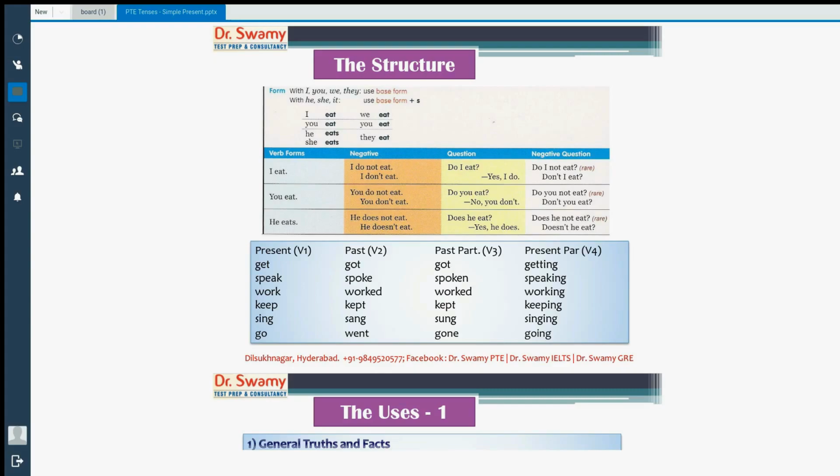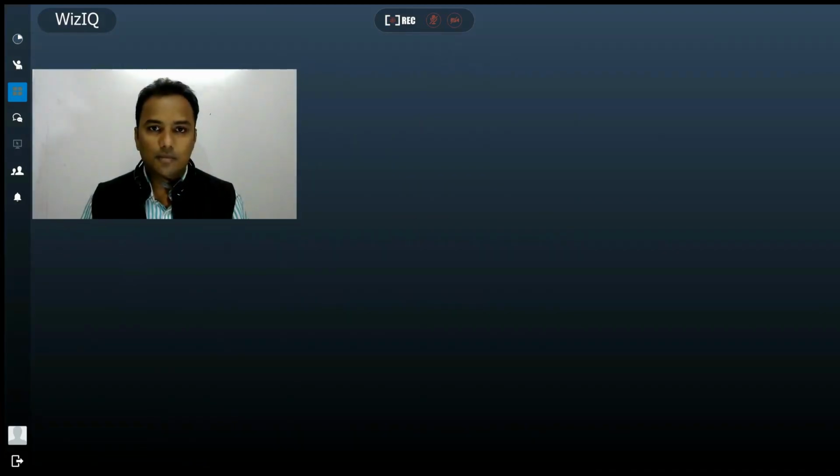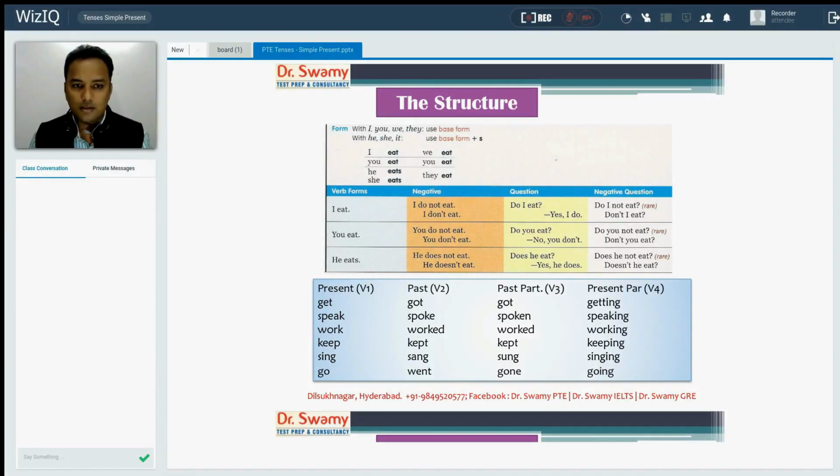See, the first thing is the structure of the simple present tense. The structure of the simple present tense is that we have to use the verb in the first form, that is the verb in the base form, depending upon the subject that you're using.